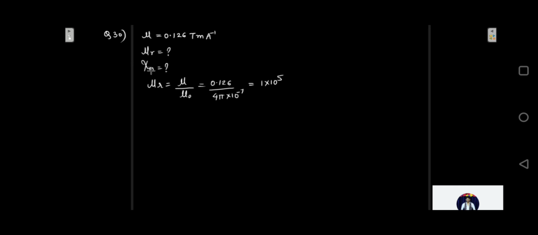Okay, and then we need to find out the susceptibility. So we also know that mu r is going to be equal to 1 plus psi m. So from here psi m is going to be mu r minus 1, that is going to be equal to 10 raised to 5 minus 1, which will be equal to 9999.